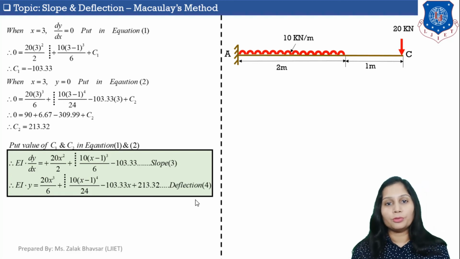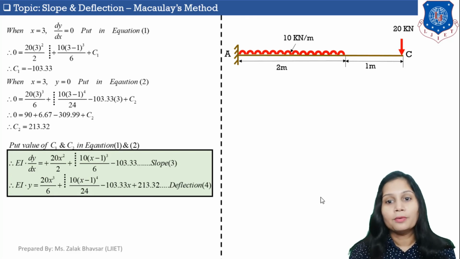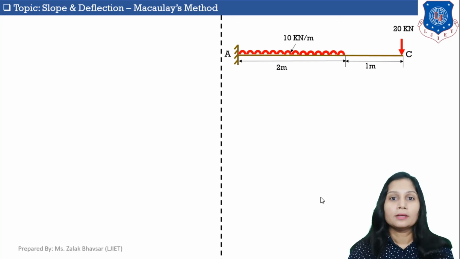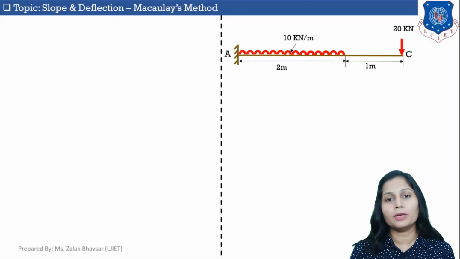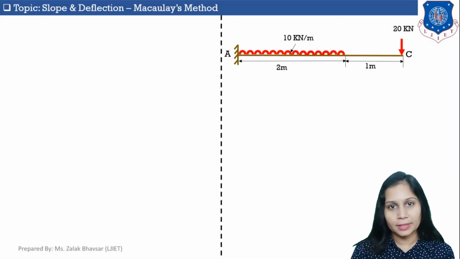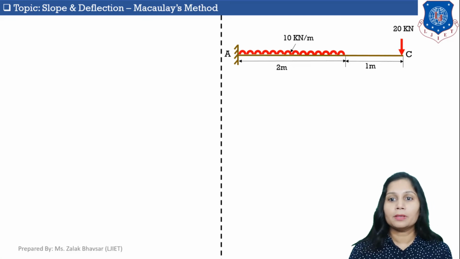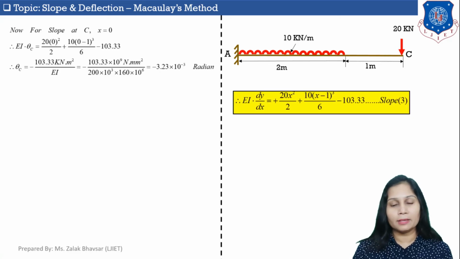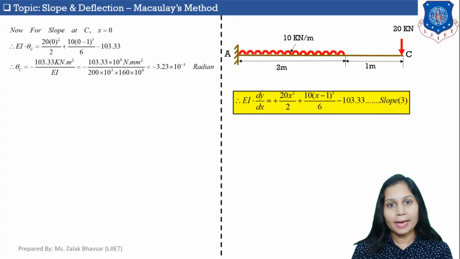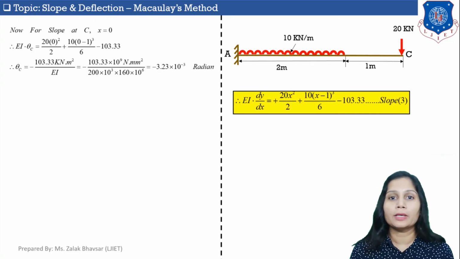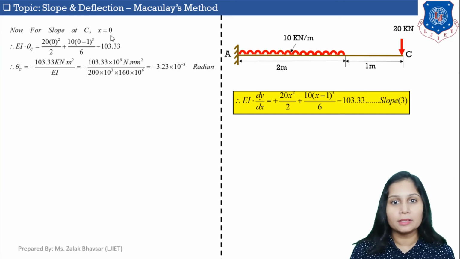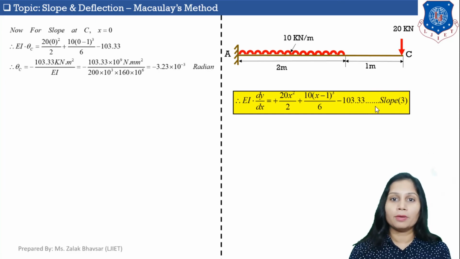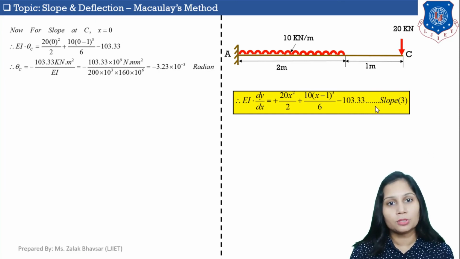Now, let's move to step number 4, where we will calculate slope and deflection at the free end of the beam. Let's start with the calculation of slope at point C. As per our assumption, point C is at x is equal to 0. So for calculating slope at C, we need to put x is equal to 0 in equation number 3, which is for slope.